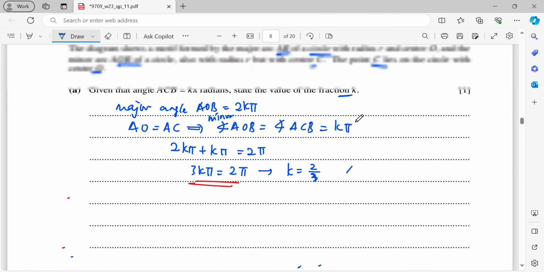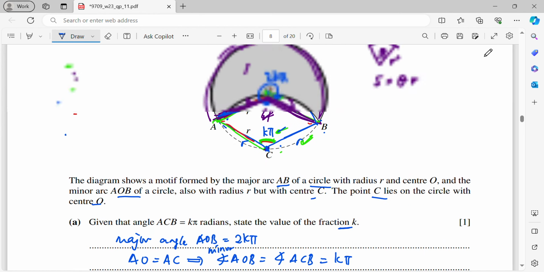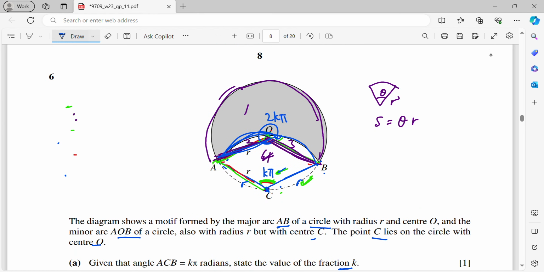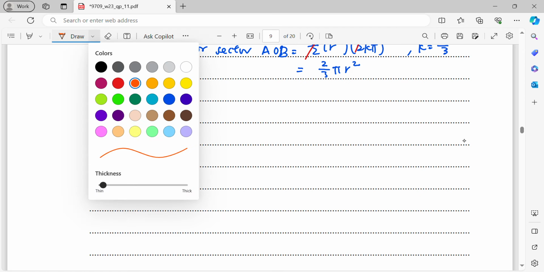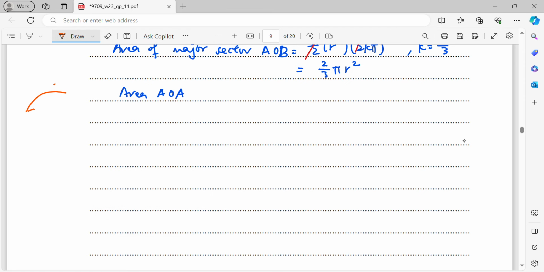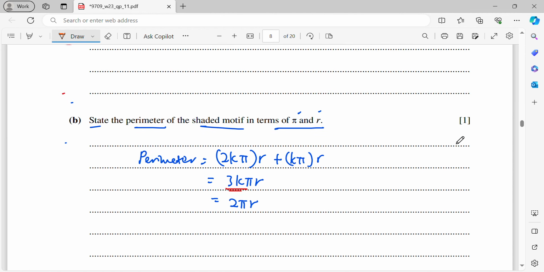AOA, that means I will just draw like this. I cut it into 2. So I will consider this whole sector minus this triangle. That will be the area number 2. If I draw the diagram, here's R, this is A. Now, what is the angle over here?